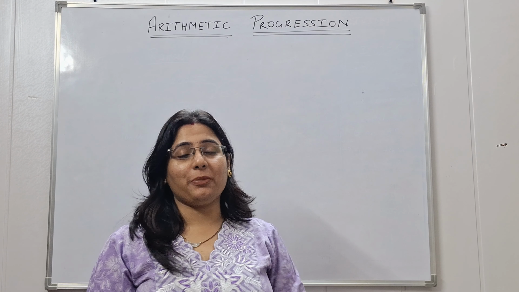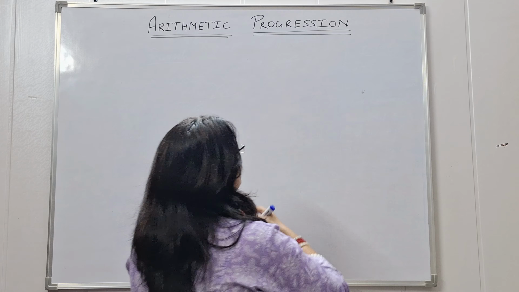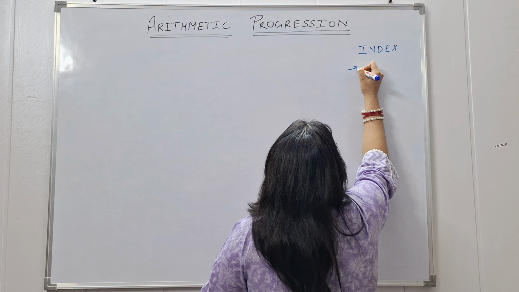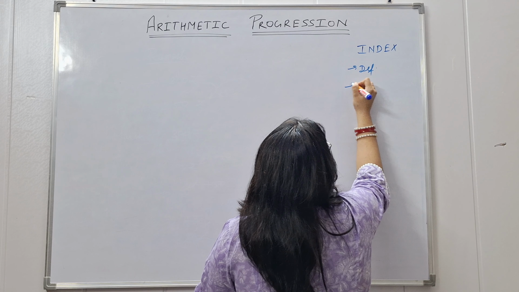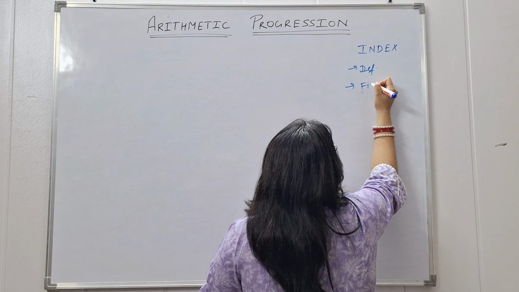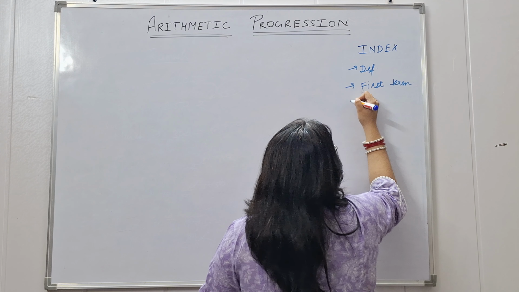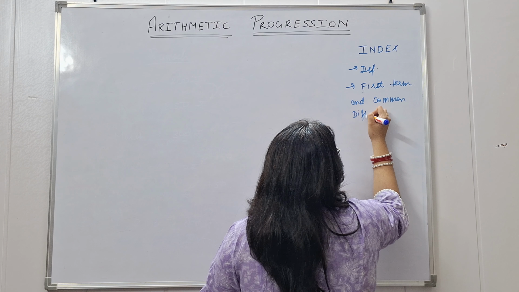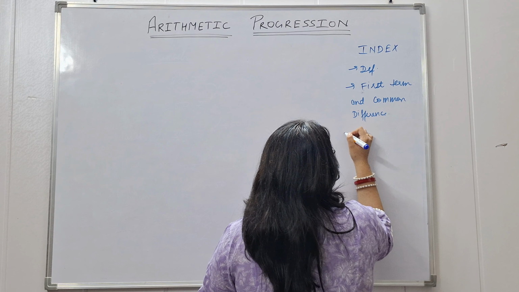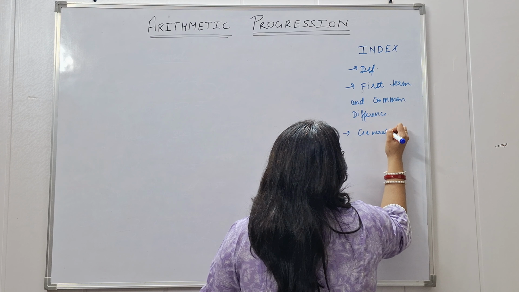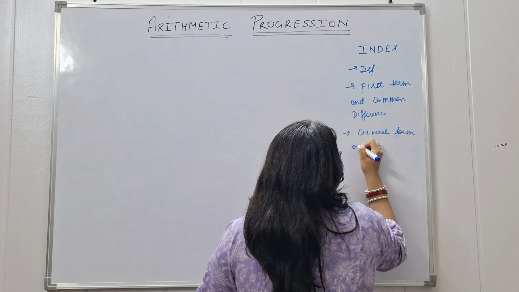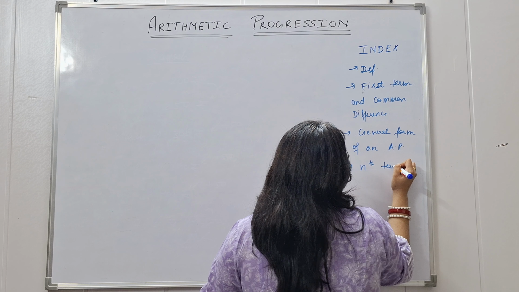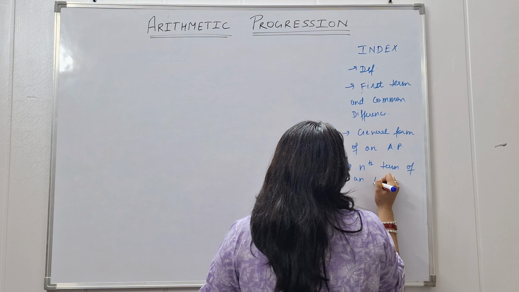Today I am going to discuss the topic arithmetic progression. In this topic we will discuss first the definition or the concept of an AP, the next first term and common difference of an AP, the third one general form of an AP, the fourth nth term of an AP.